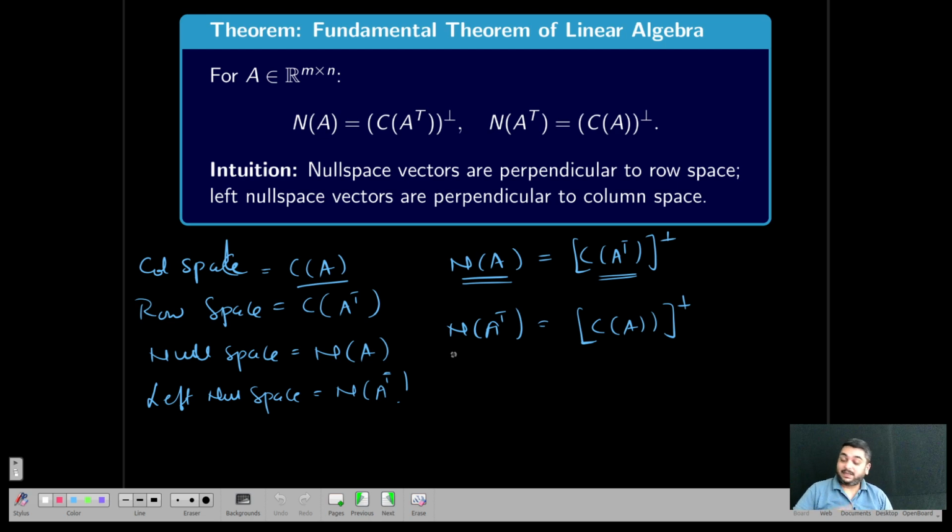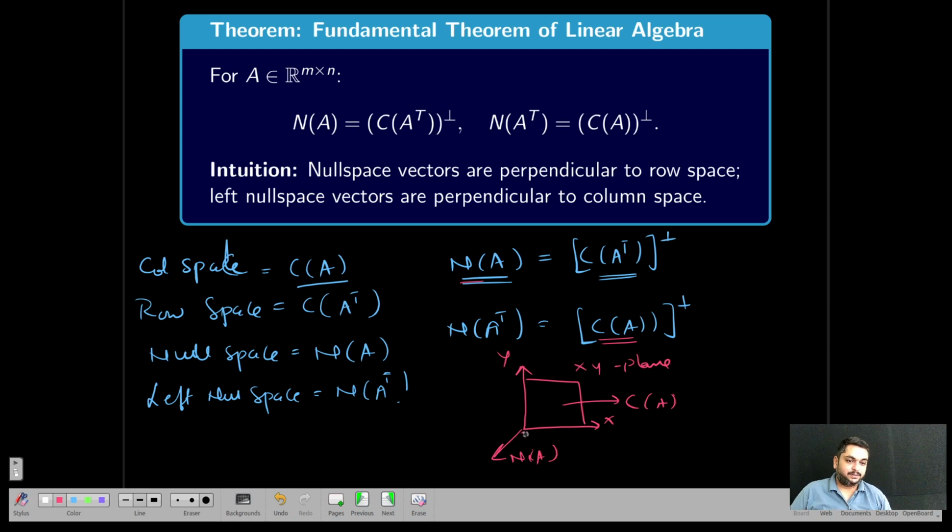That means the null space dimension is greater than or equal to 1 only when we have some dependent columns in the matrix. Say this is my xy plane, and this is my column space of A. The orthogonal complement to this is my null space.